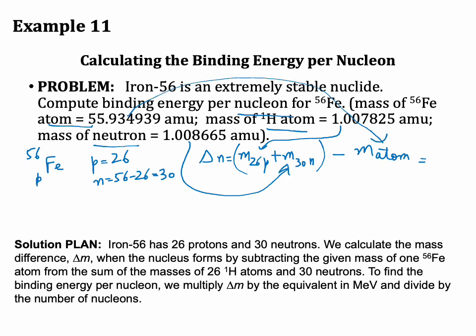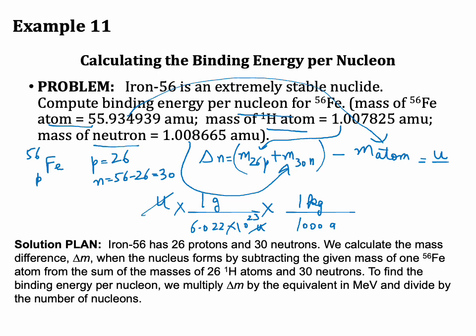This will give you your answer in U. Now you take the U, you multiply it with 1 gram is 6.022 times 10 raised to power 23 U, and U is gone, your answer is in grams. Now we convert this to kilograms. 1 kg, 1000 grams. Grams gone, and your delta M is now in kg.